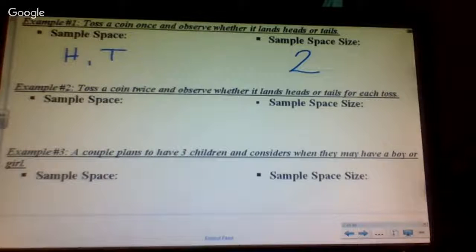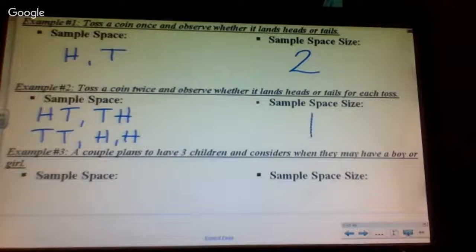Okay, example 2, I'm tossing a coin twice. So what can happen now? Heads, tails; heads, heads; tails, heads; tails, tails. So I've got 4. Remember when I said you used to draw tree diagrams?